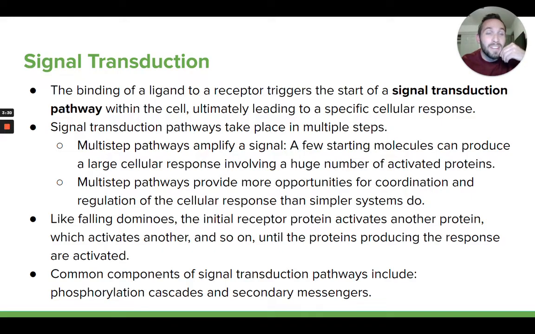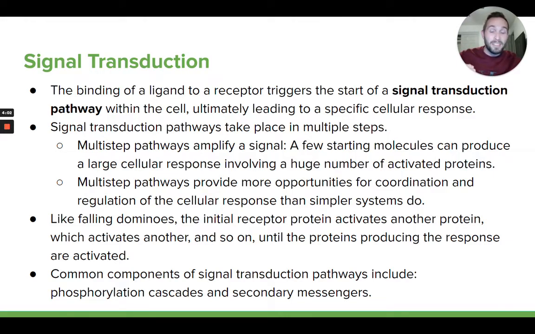Since there are multiple steps that can take place, it's going to be a different, unique set of steps depending on the ligand involved and the receptor protein that's binding to that ligand. That's going to then trigger a certain set of steps to take place inside the cell. And that's going to be unique and different depending on the ligand, the receptor protein it's binding to, and the cell inside the organism.